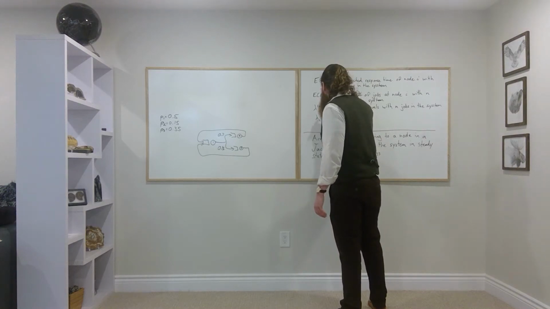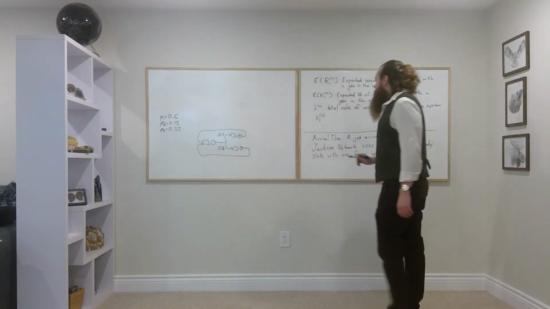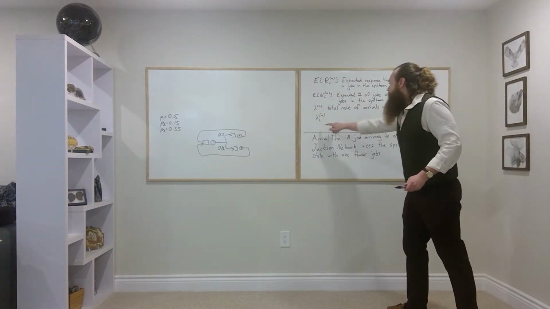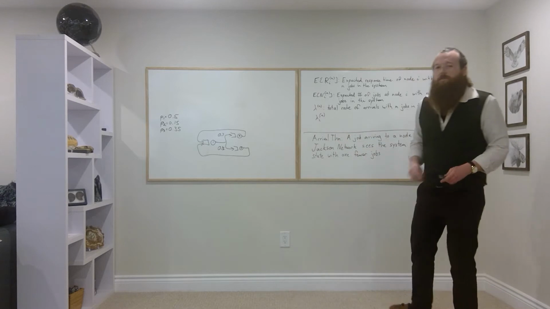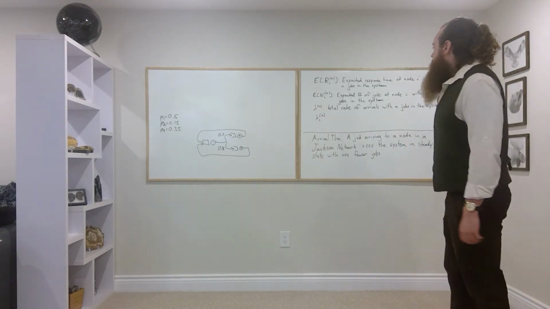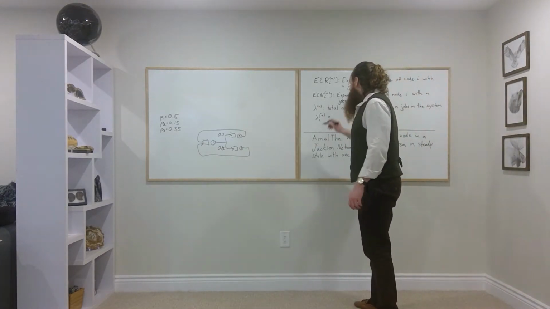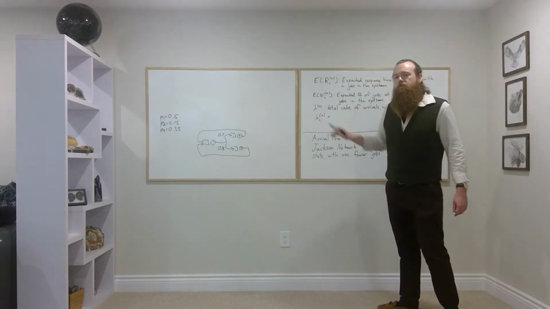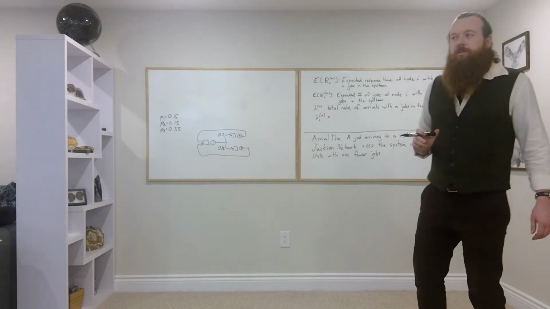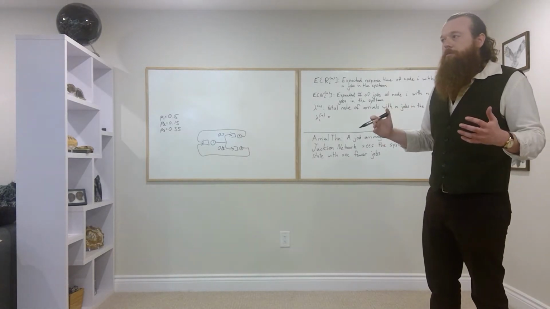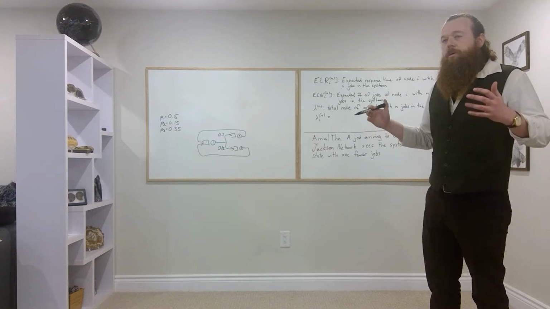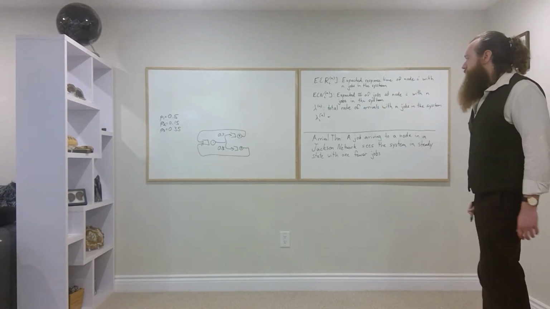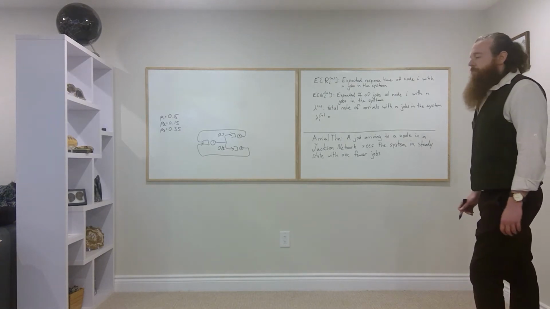So what about this? Lambda_i^n. Well, this is going to be the arrival rate to the ith node when there's n jobs in the system. And what's that going to equal? Okay, well, assume I know the total arrival rate. If I know the total arrival rate, I know the arrival rate when there's n jobs in the system. What's going to be the arrival rate to the ith node when there's n jobs in the system? Think about that.